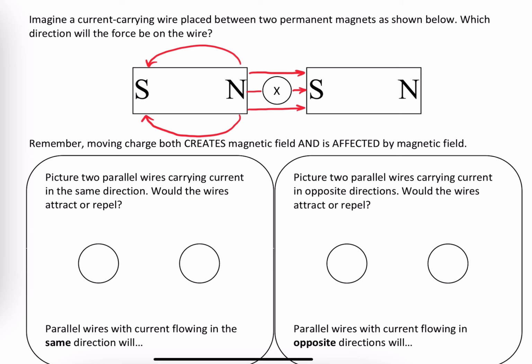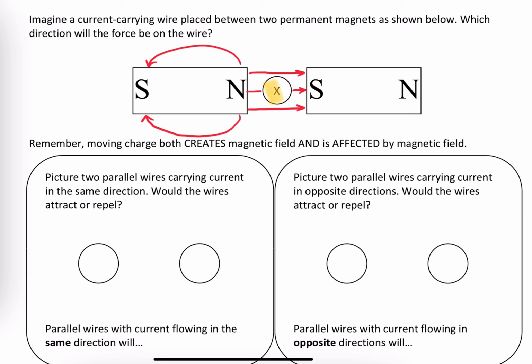Okay, so now we can take the pointer finger of your right hand and point it to the right, the direction these arrows are going in, the pre-existing magnetic field. Then, making that sort of gun shape with your hand, point your thumb in the direction of the current. Well, this is my current here.